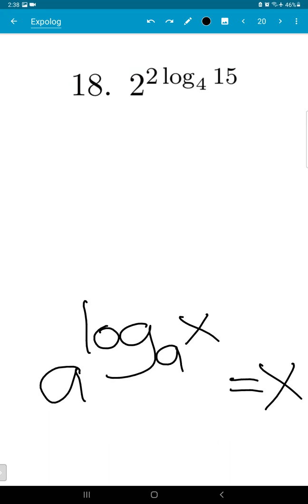Okay, that's the idea. Yes, Mr. Guevara. So proceed.